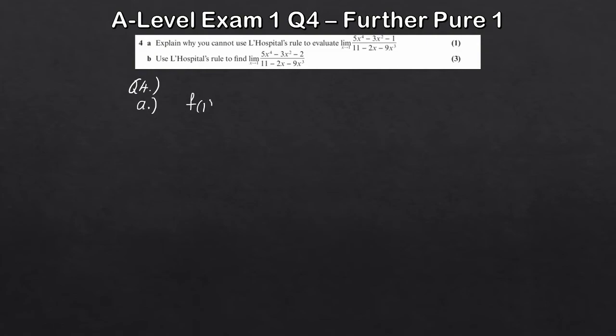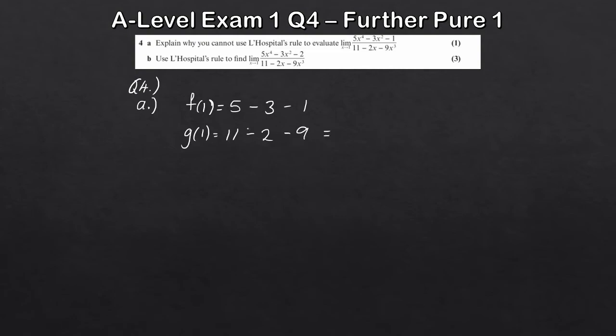So f of 1 is just my numerator. 5 lots of 1 to the 4, so that's 5, minus 3 lots of 1 squared, so minus 3, minus 1. Let's do the same with the denominator, g of 1, because before we can start L'Hopital's rule, this has to be 0 over 0. If it's not, we can't do it. 11 minus 2 lots of 1, so minus 2, minus 9 lots of 1 cubed, so minus 9.